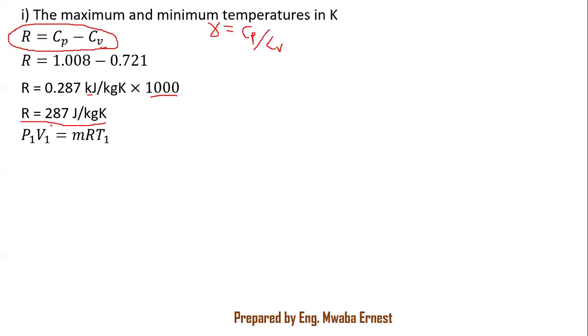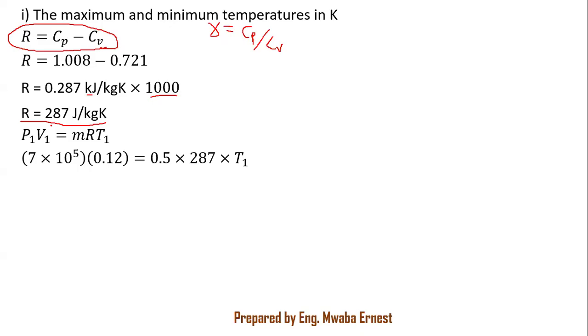At point 1, we can apply the isothermal process PV equals mRT. And since we're dealing with the constant temperature process, so T1. So P1 V1 is equal to mR T1. Our P1 is 7 bar, so 7 times 10 to the power 5.